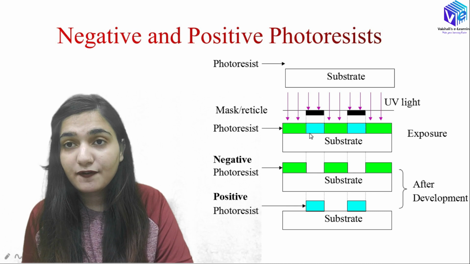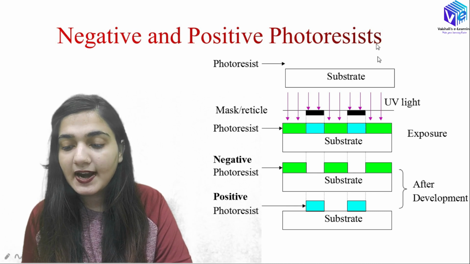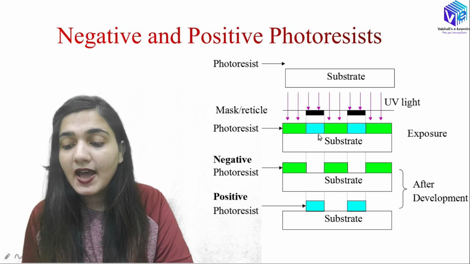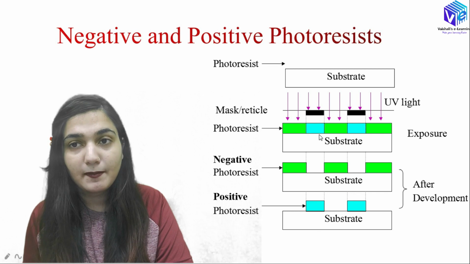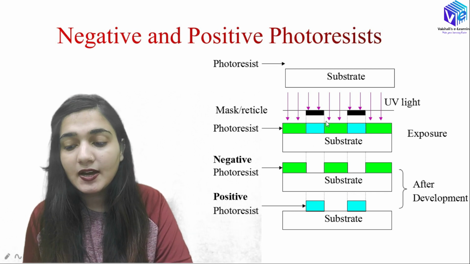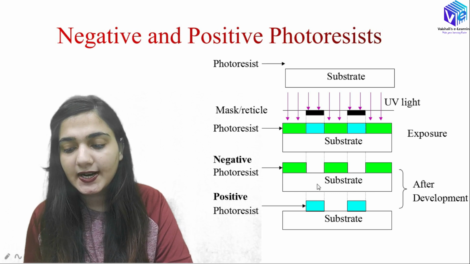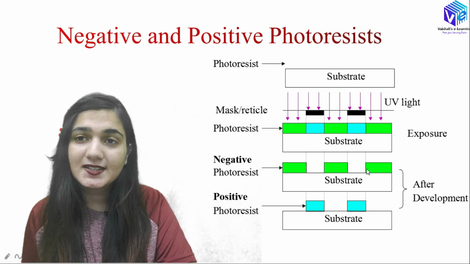In the negative photoresist, as I said, where the light is falling, it becomes harder. So this portion will become harder in the negative photoresist, and I will remove the masked out portions. You can see I have removed the masked out portions in the negative photoresist. This process is very simple.